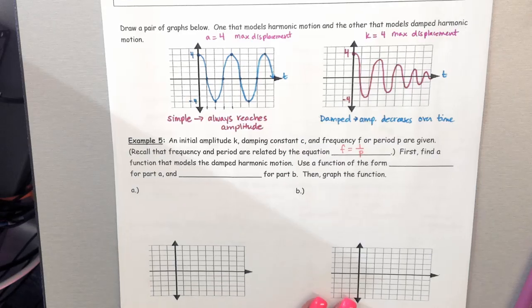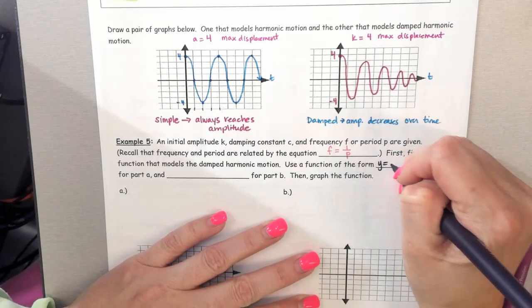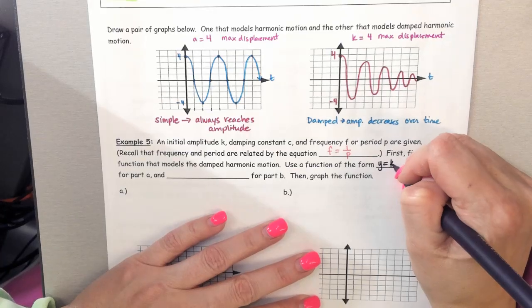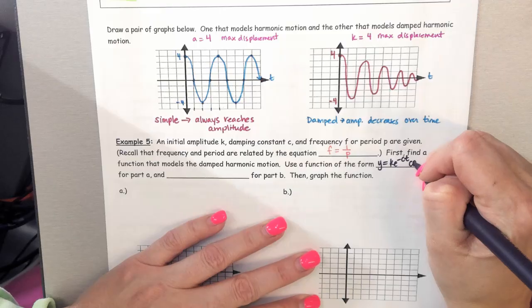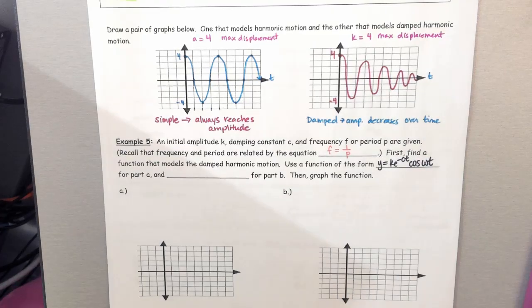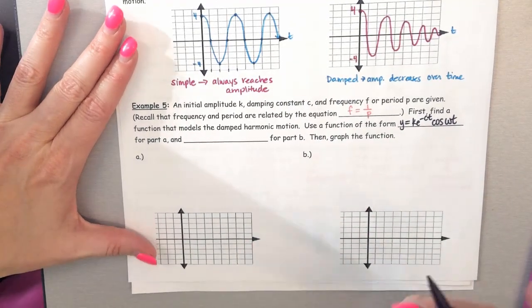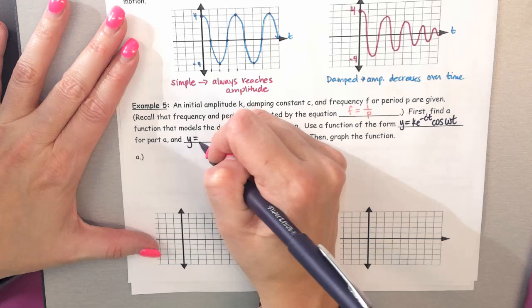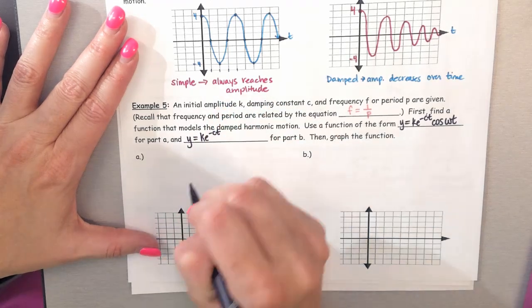We're going to use a function of the form y equals k e to the negative c t cosine of omega t. So right in the directions, they're going to give you the equation. That's why you are not going to need to have this memorized.